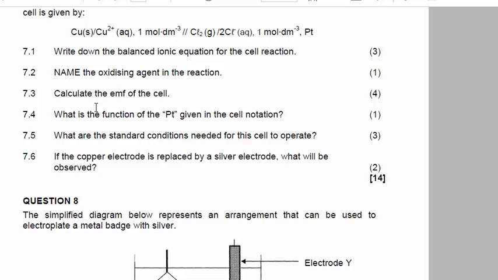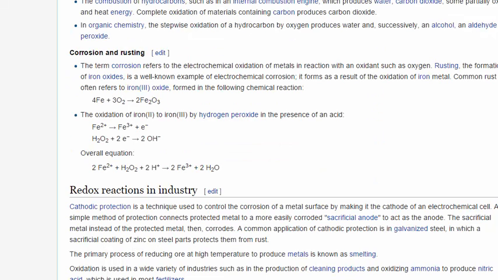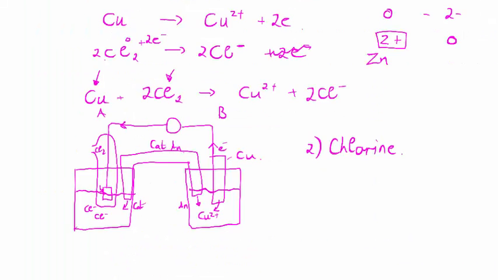Okay. So name the object. Calculate the EMF of the cell. Your EMF is very easily calculated. The EMF is then just equal to the electrode potential of the one minus the other one, and you'll take the bigger one minus the smaller one.